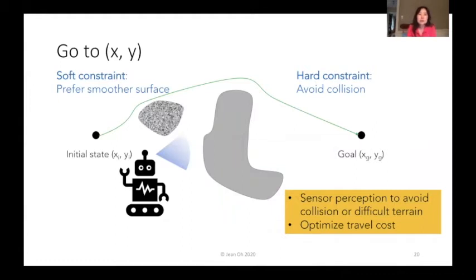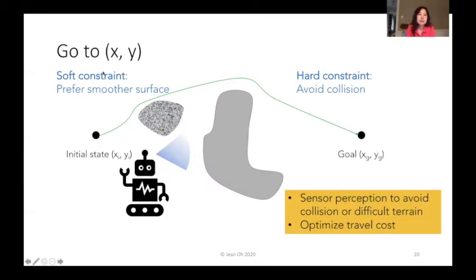In this plain go to XY problem setting, the goals and initial states are given in XY coordinates, and the hard constraint in an earlier work is binary: obstacle or not obstacle. So it is a binary obstacle map, and the algorithm is trying to avoid collision with obstacles.